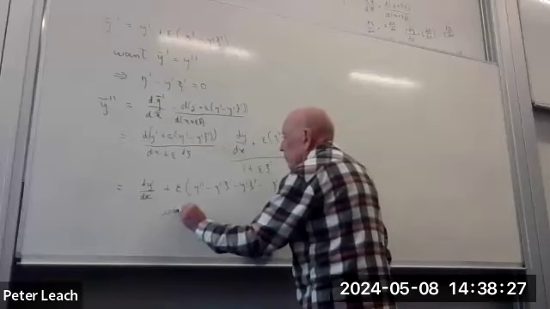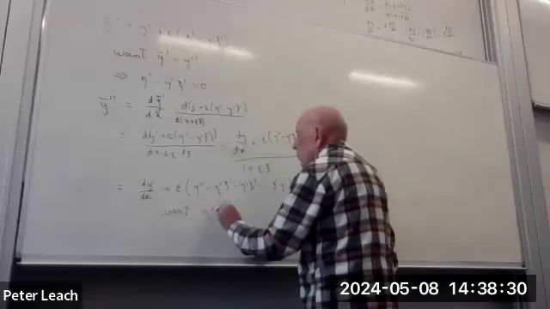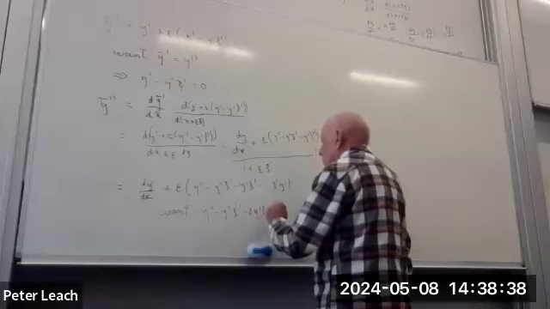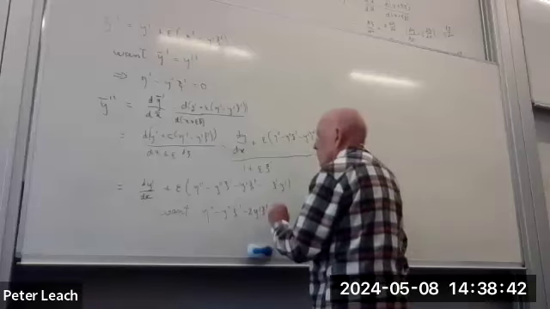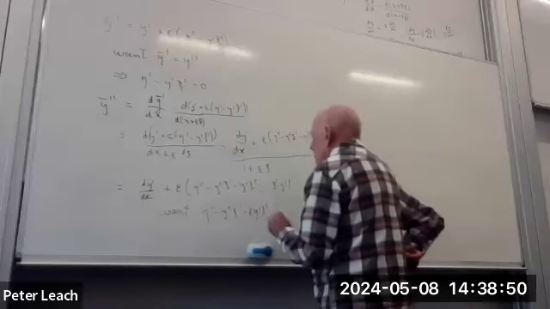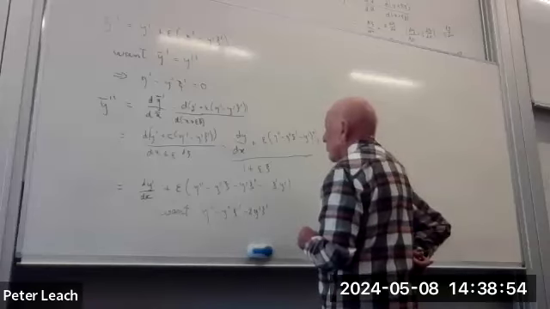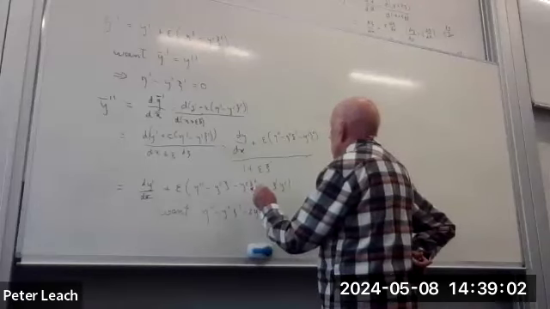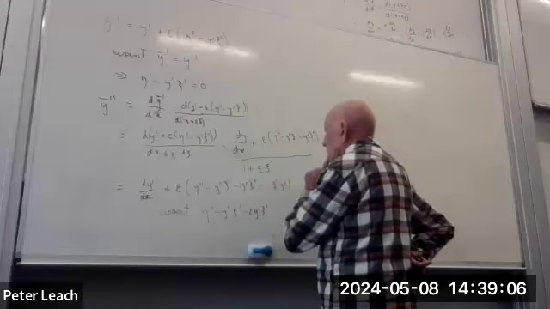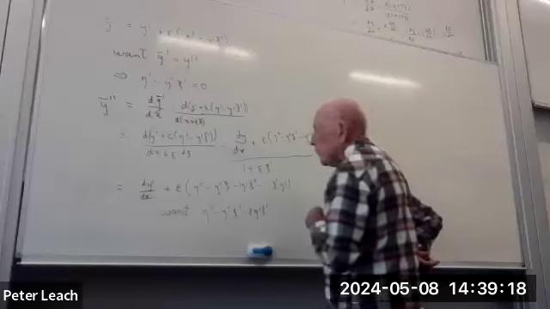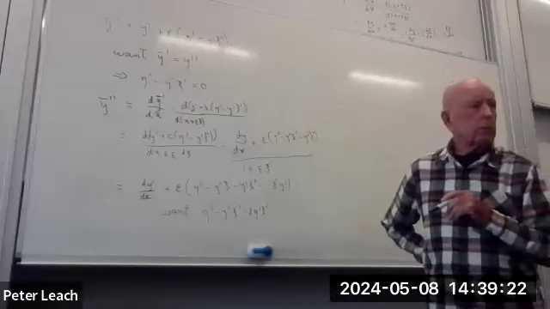So you want y double prime. A big problem with my arithmetic. What's the problem with the arithmetic?